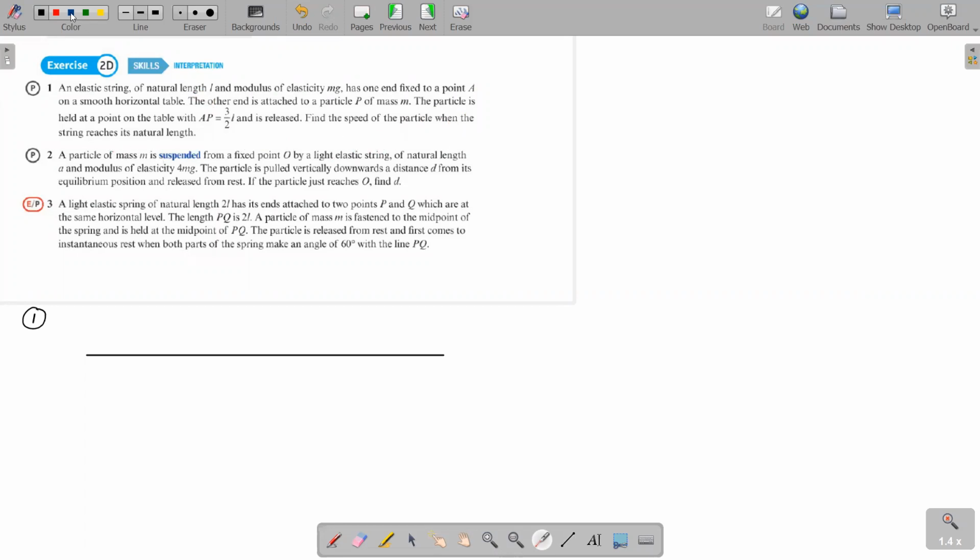Okay, first let's mark all the information. What do we have here? First, let's mark the string. So this is the string and this is the particle. The natural length is L, let's mark that.